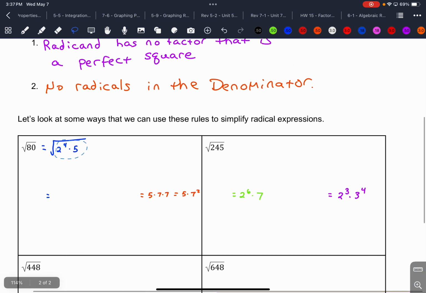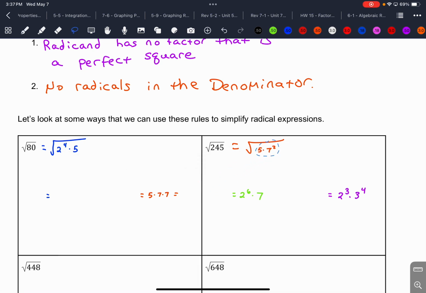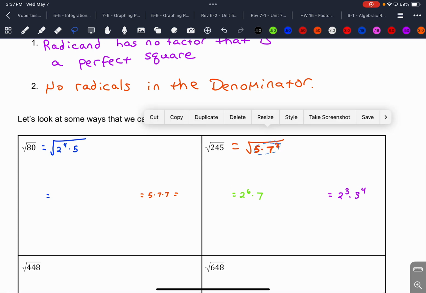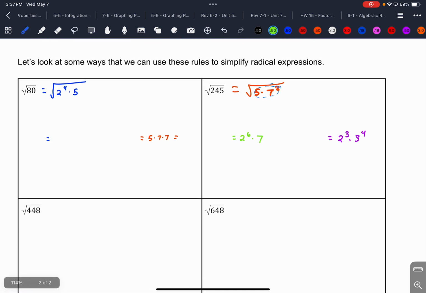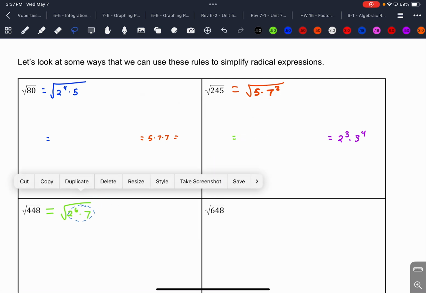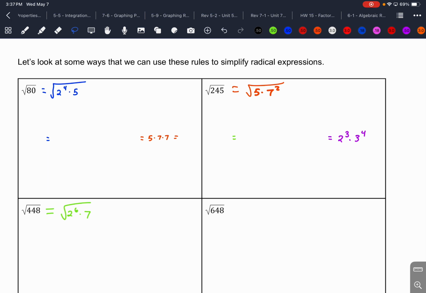Square root of 245 is also the square root of, I'm going to take this one. Square root of 448 is the square root of this one. And square root of 648 is the square root of this.